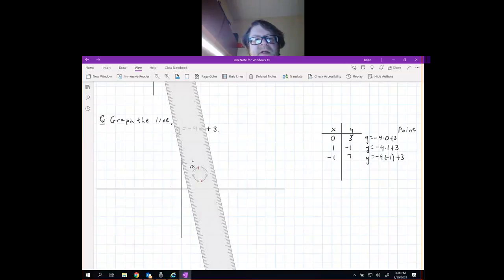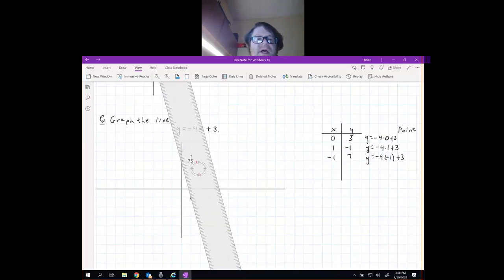What do you guys think? Is it lined up? This can be impossible to graph. Well, I don't know what else to do, but it looks like it lines up to me.